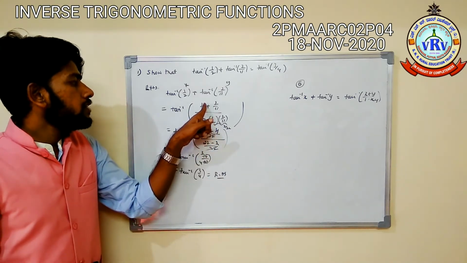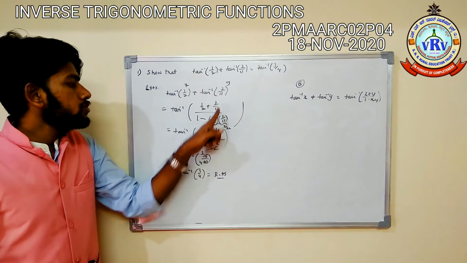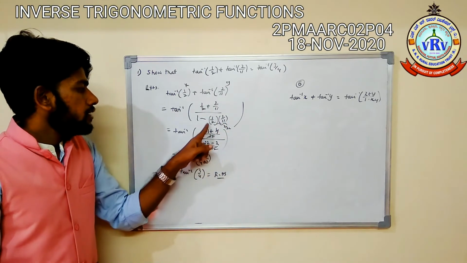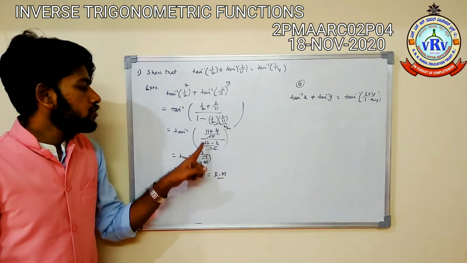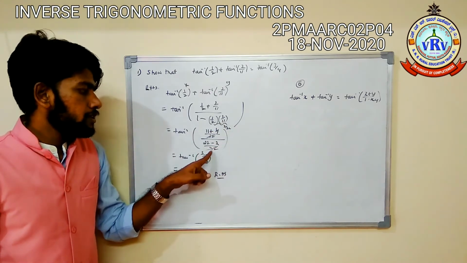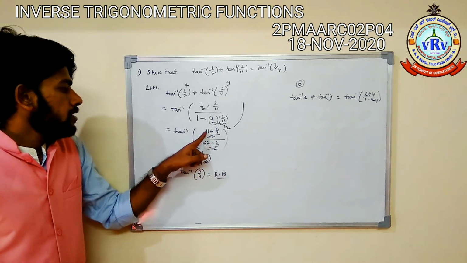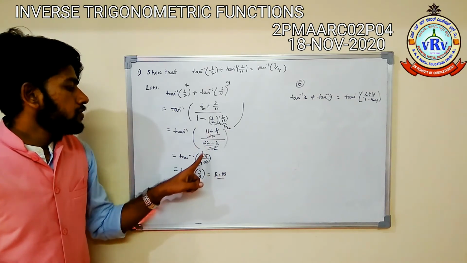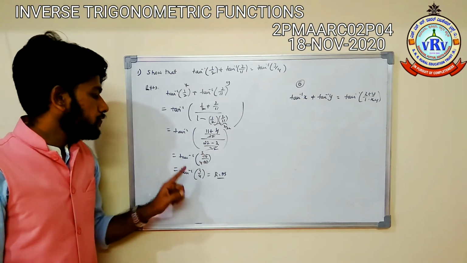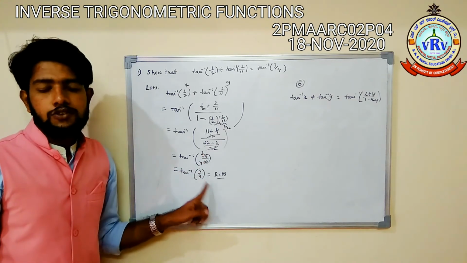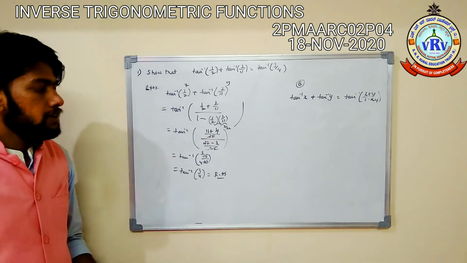In the numerator, 1 into 11 is 11, 2 into 2 is 4. And in the denominator, the expression is 2 by 22, so 22 into 1 is 22 minus 2, divided by 22. 22 gets cancelled. It is 15 by 22. If I divide 15 by 22 by the number 5, it is equal to 3 by 4. That is the answer, tan inverse of 3 by 4, which is the RHS of the problem.